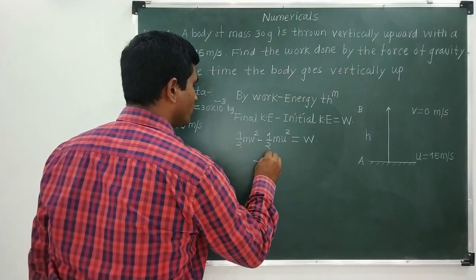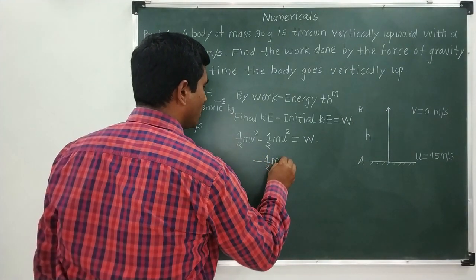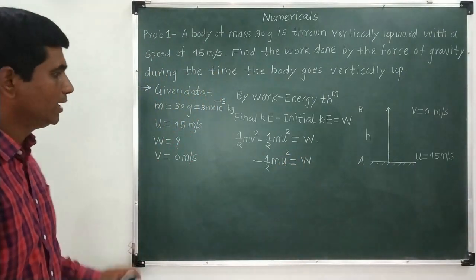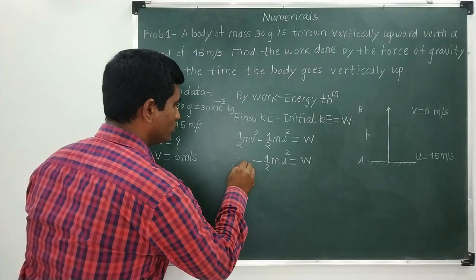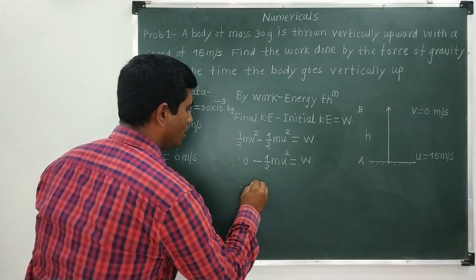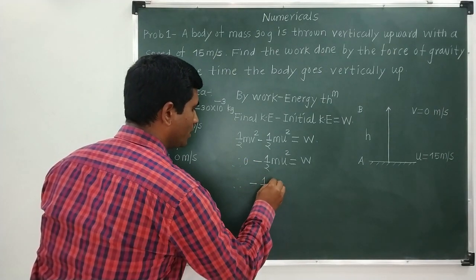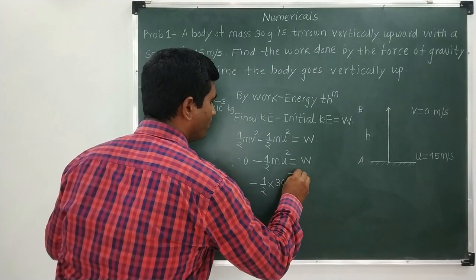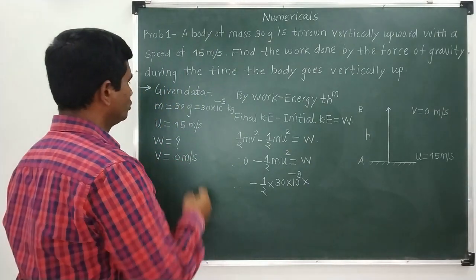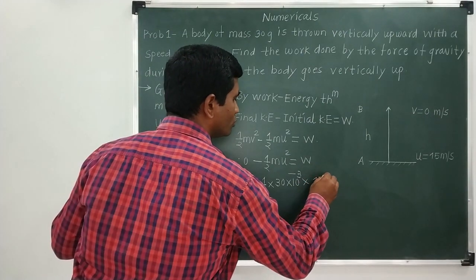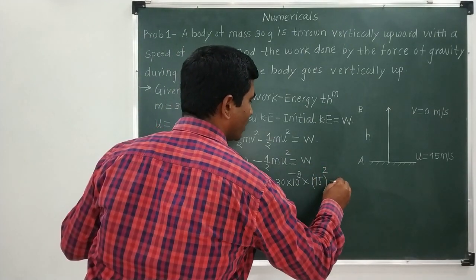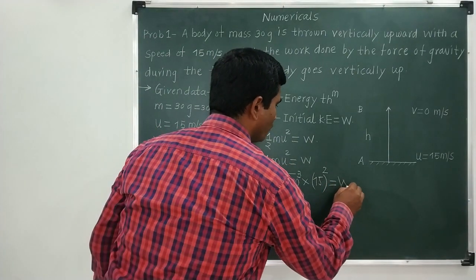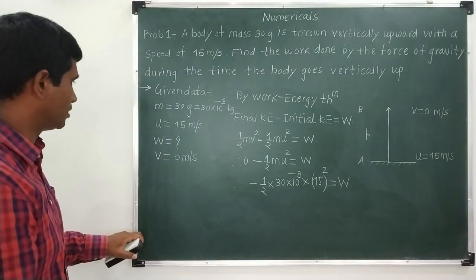So I'll simply get 1/2 mu square is equal to W. Now this is equal to 0 minus, therefore minus 1/2 into the value of m, which is 30 into 10 raised to minus 3, into u square. U is 15, so we'll write 15 square is equal to W, and W is the quantity which we need to find out. So W is equal to question mark.